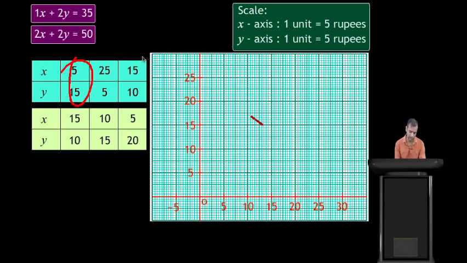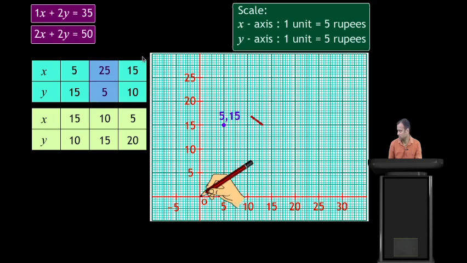First point is 5, 15. So where do you find the 5, 15? Yes, very good. First go to the 5 and then go up to the 15. So this is the point, called 5, 15. Now the next point is 25, 5.